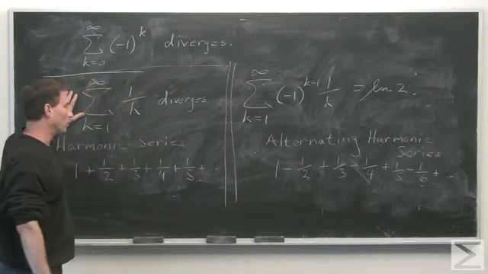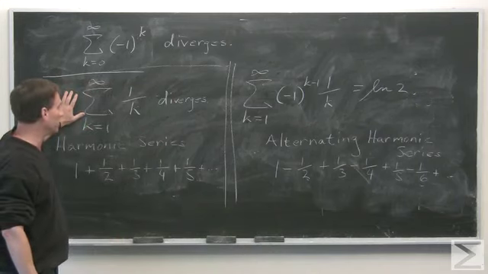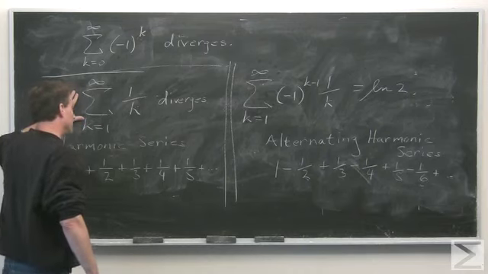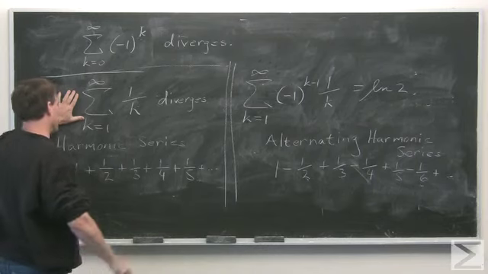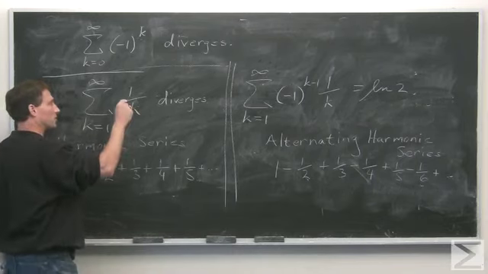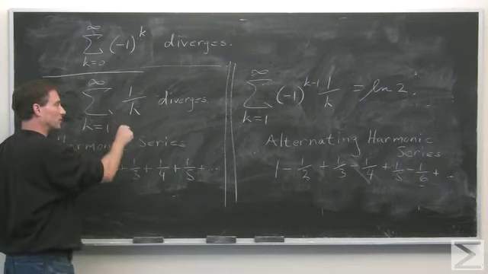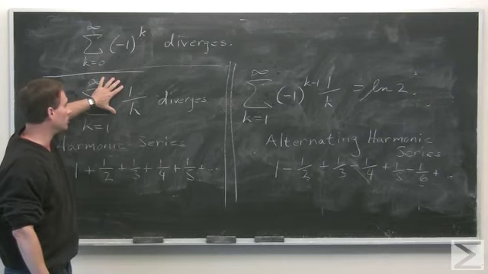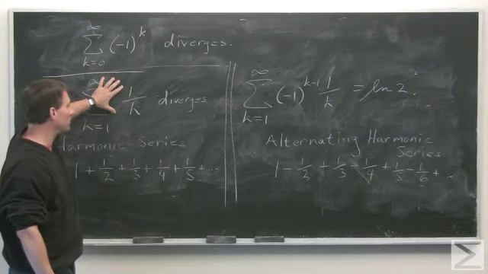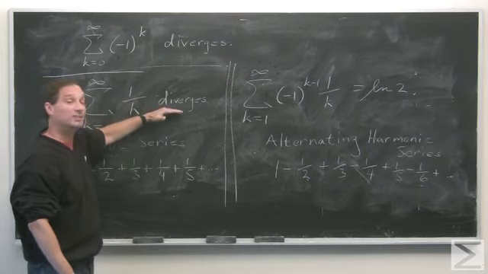But understand what the harmonic series is an important example of. This is extremely important, and it's probably the most important example of this. The terms here approach 0. As k goes to infinity, 1 over k goes to 0. The terms are definitely approaching 0. The series still diverges.